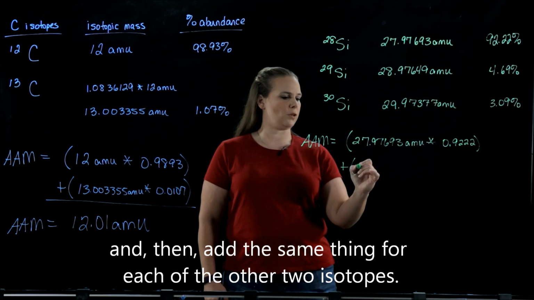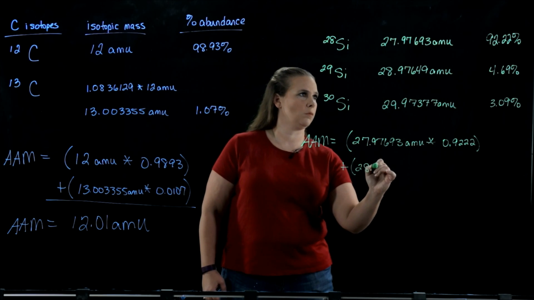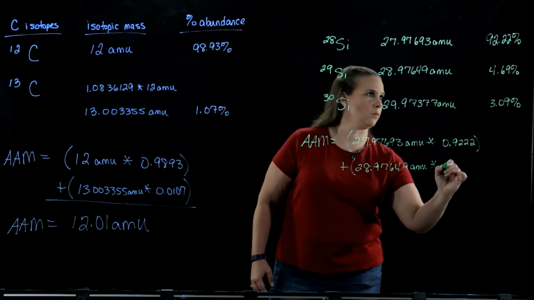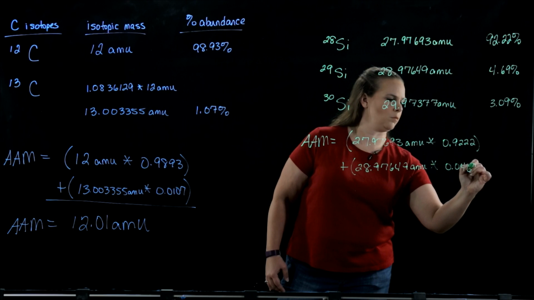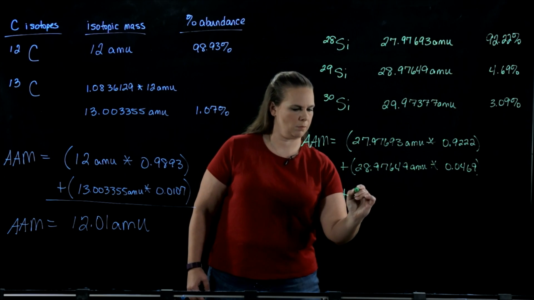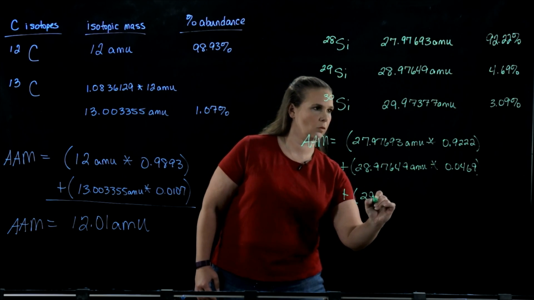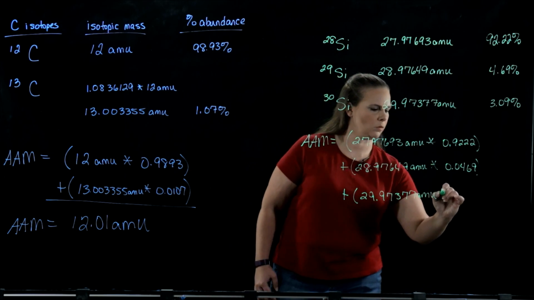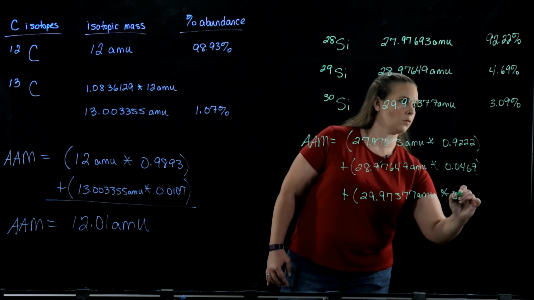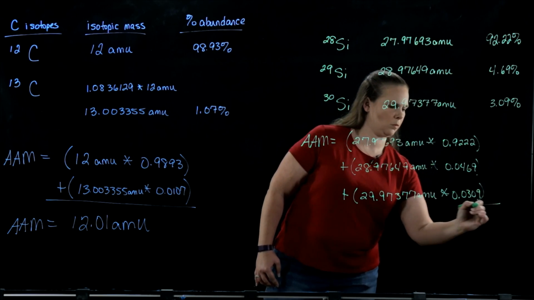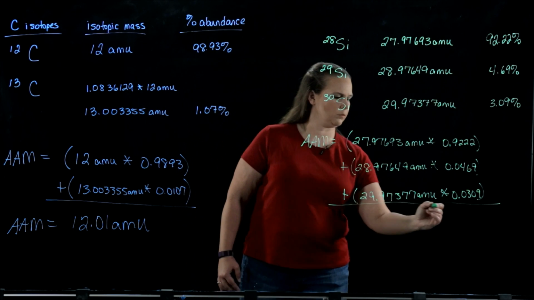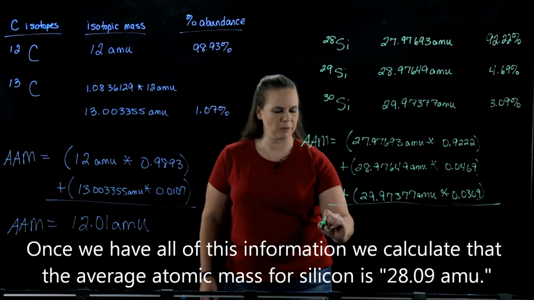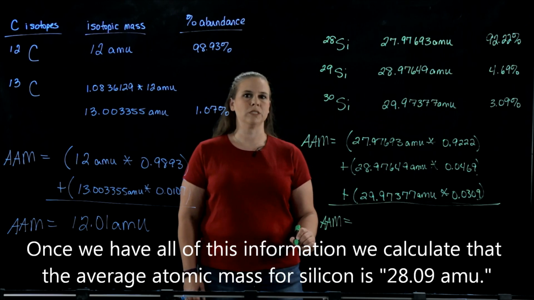And then add the same thing for each of the other two isotopes. Once we have all of this information, we calculate that the average atomic mass for silicon is 28.09 AMU.